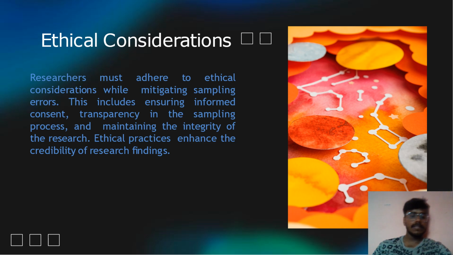Maintaining the integrity of the research and ethical practices enhances the credibility of research findings. These are the ethical considerations of sampling errors.